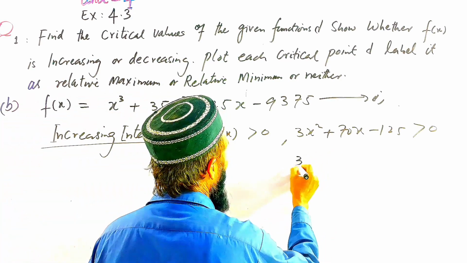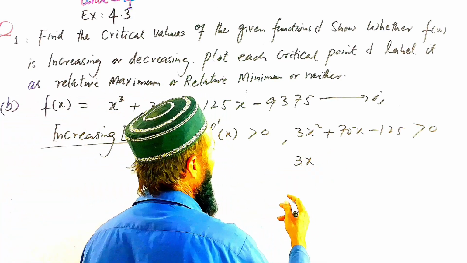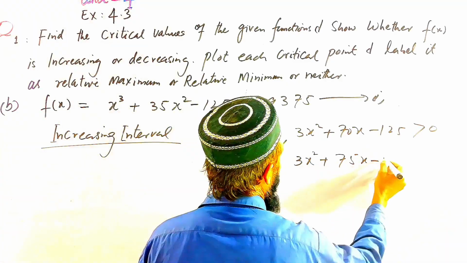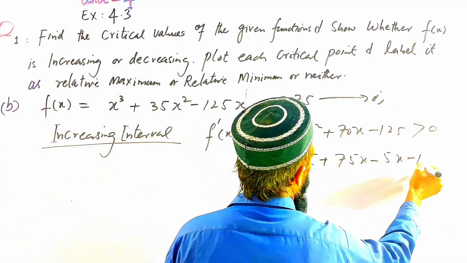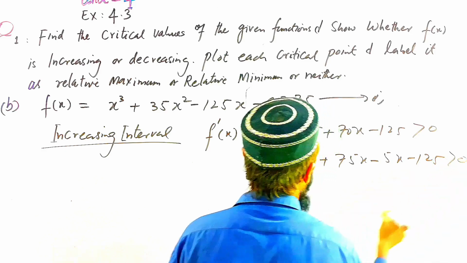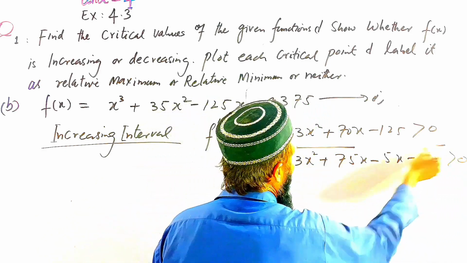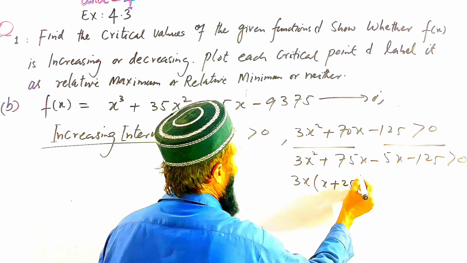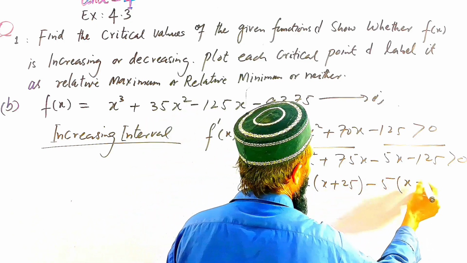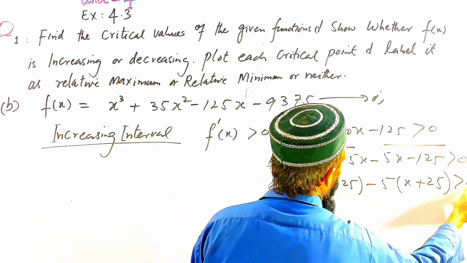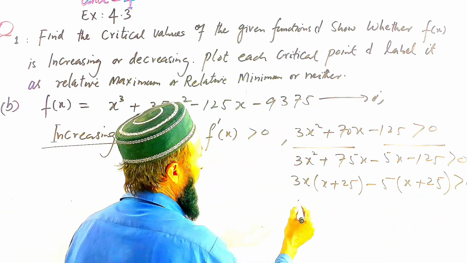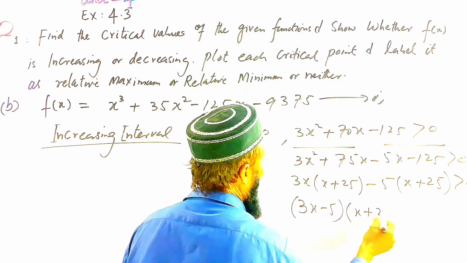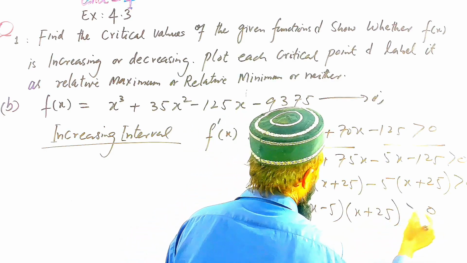Already we have done: 3x square plus 75x minus 5x minus 125 greater than 0. Taking pairs, 3x and x plus 25, minus 5 x plus 25 is greater than 0. So 3x minus 5 and x plus 25 is greater than 0.